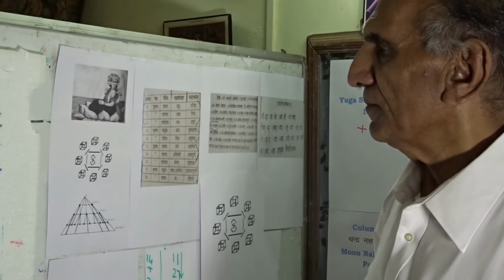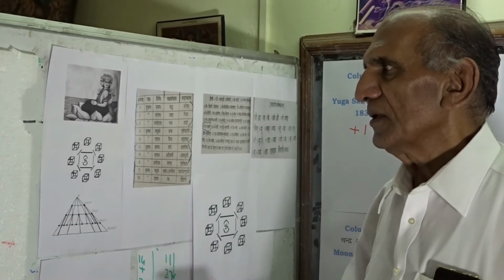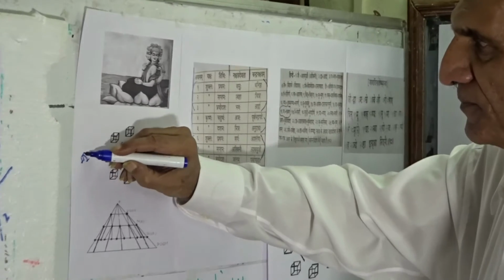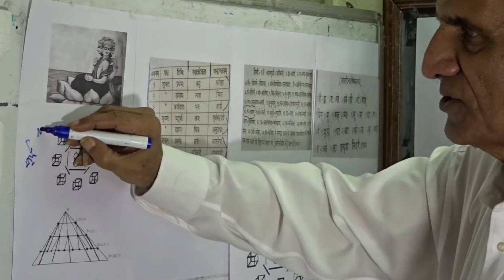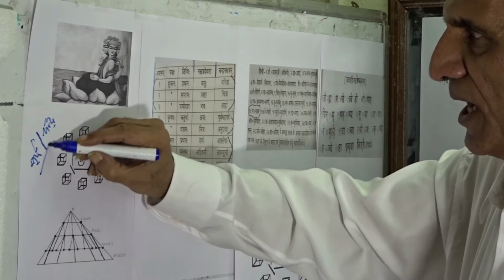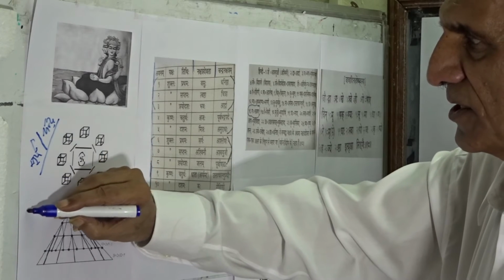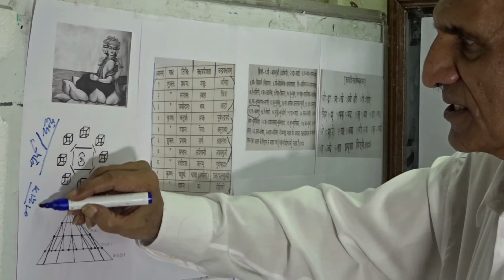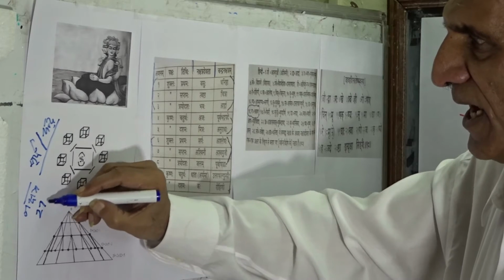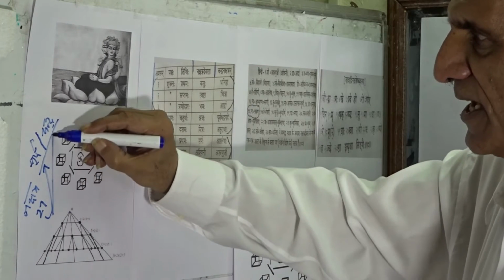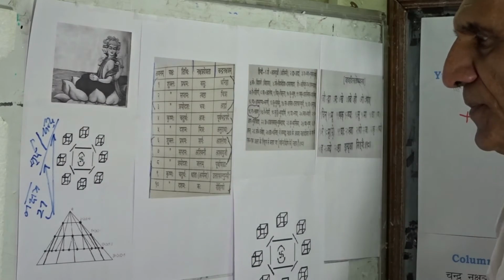In the Jyotish Vedanta, the nakshatras are of Surya nakshatra and Chandra nakshatra, and nakshatras are 27. So there are 27 nakshatras, and these are of Surya, Sun, as well as of Chandra.